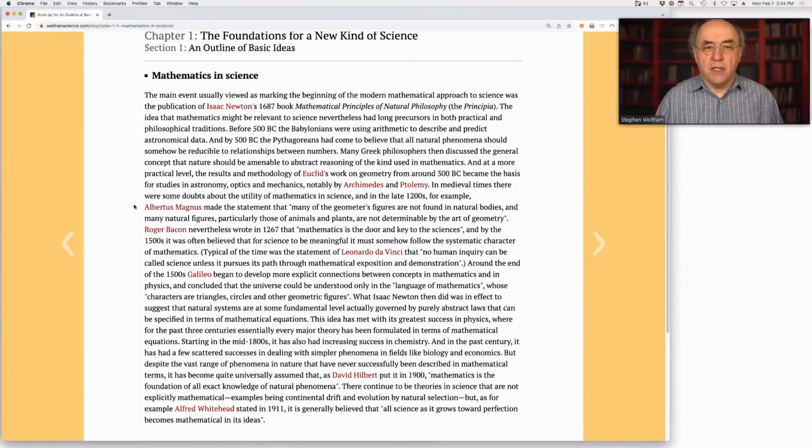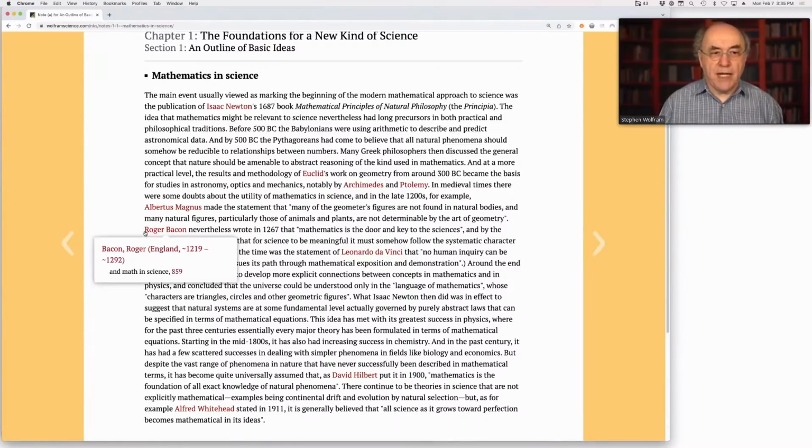By which he meant geometer's figures are things like triangles and circles and so on, things that can be, in Euclid's sense, constructed using ruler and compass. What he observed was, well, you look at the shape of a typical animal and it's not something you could construct with ruler and compass. There's a thing that goes beyond the purely geometrical there.